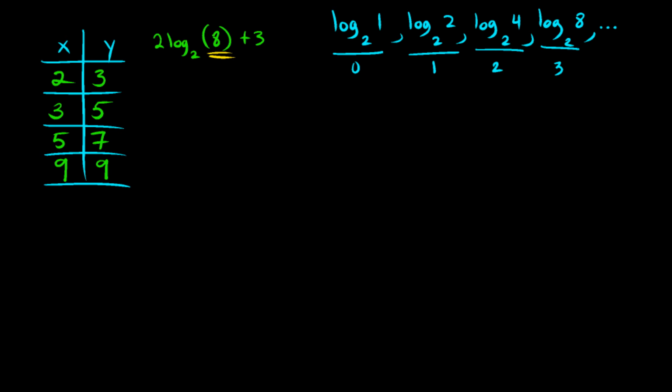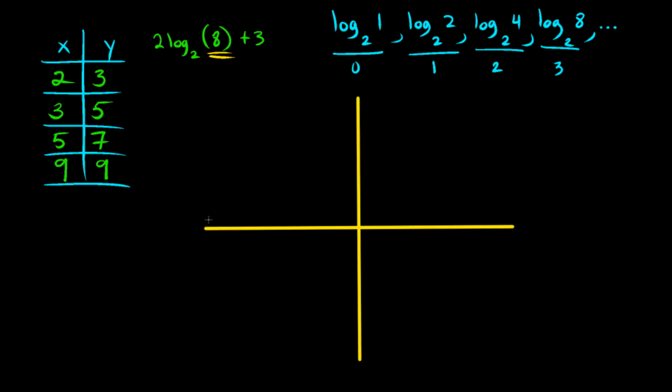So let's plot those points and see what this graph looks like. So we want our x values to go up to 9 at least. So 1, 2, 3, 4, 5, 6, 7, 8, 9. And our y values need to go up to 9 also. 1, 2, 3, 4, 5, 6, 7, 8, 9.